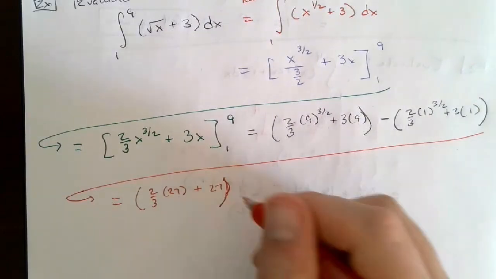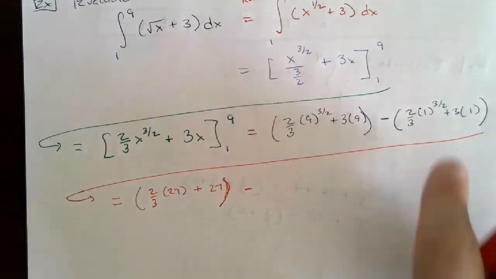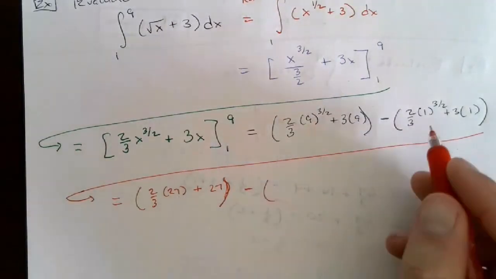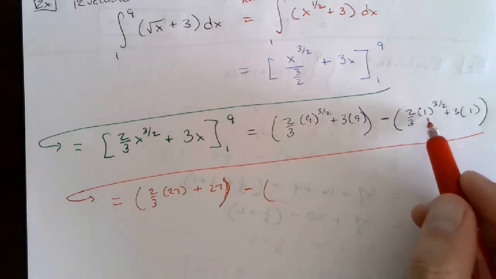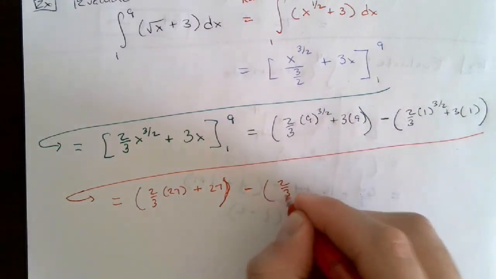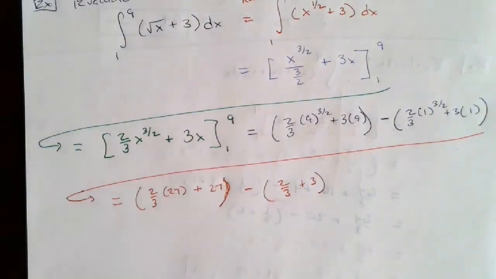And we can close off that first set of parentheses, minus the second set of parentheses here. 2/3 times 1 to the 3/2, that's just going to be 1, because 1 to any power is going to give us 1. So then we're just left with 2/3 plus 3. And we'll simplify this down.